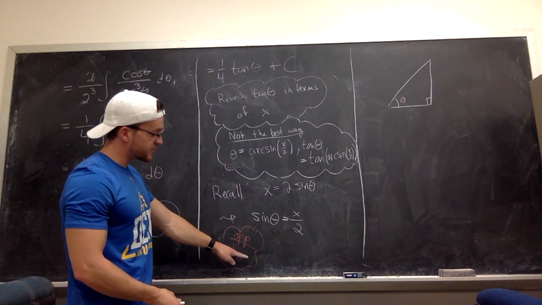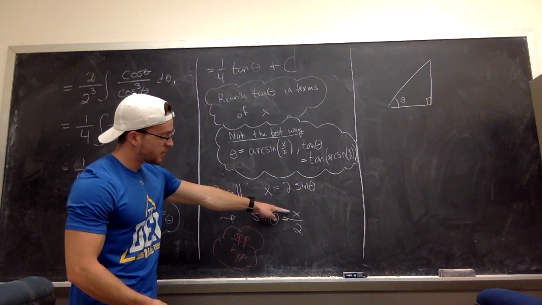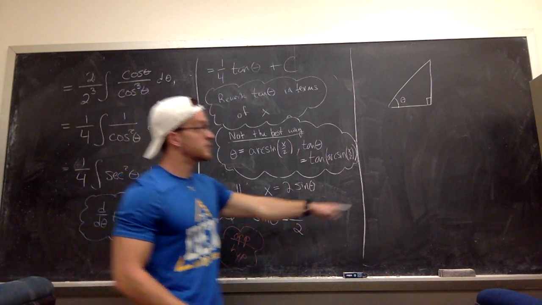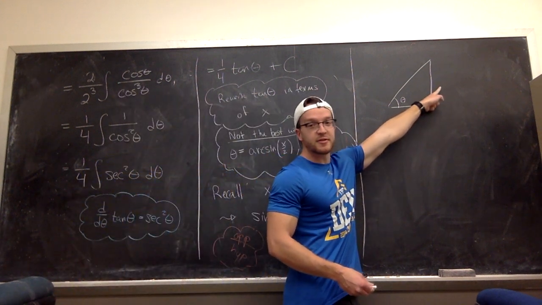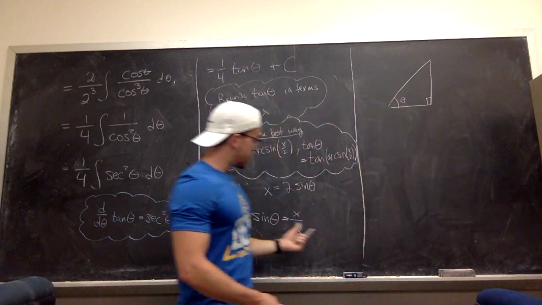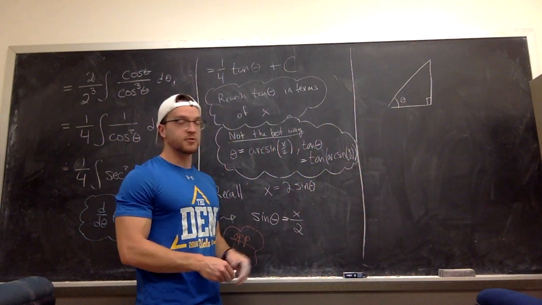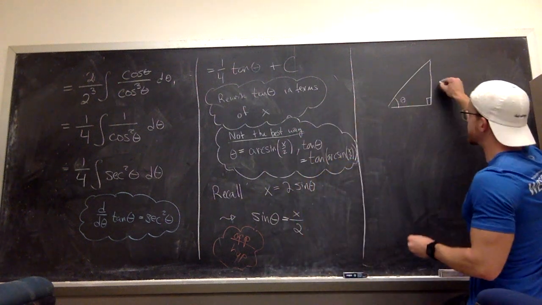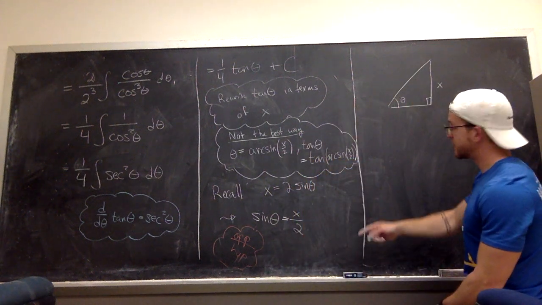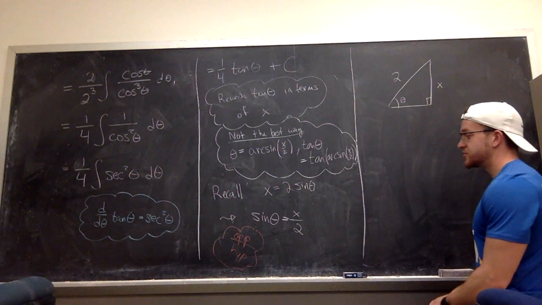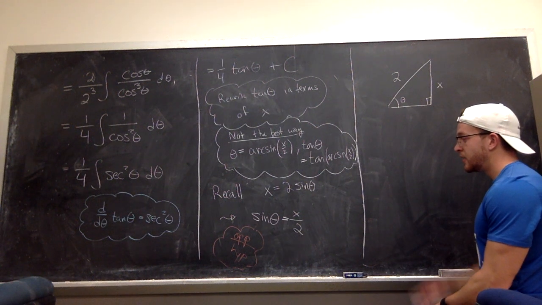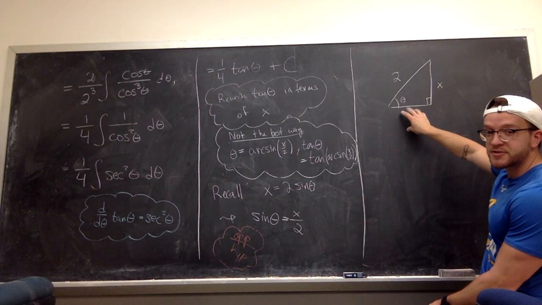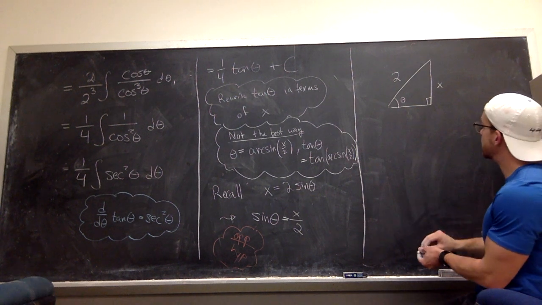If sine of theta is x over 2, I can interpret that in my picture as saying that this edge of the triangle is x, and this edge is 2. What's the point there? I can use the Pythagorean theorem to solve for this unknown side.